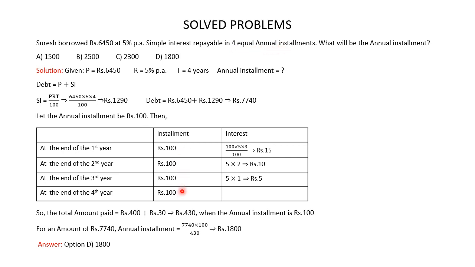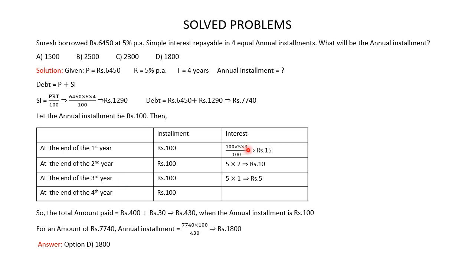So the annual installment is the same for the 4 years. Now at the end of the first year, installment is rupees 100. Interest is 5, which is the rate of interest given, multiplied by 3 because still payment has to be made for 3 more years.